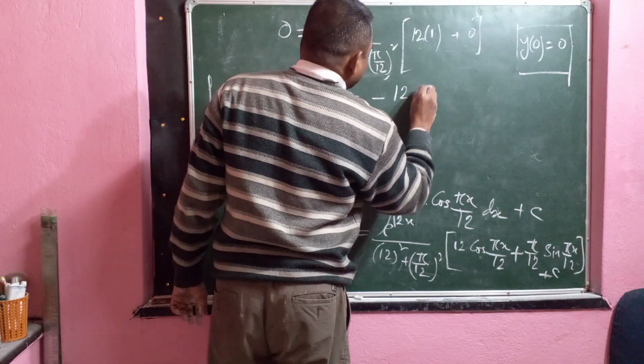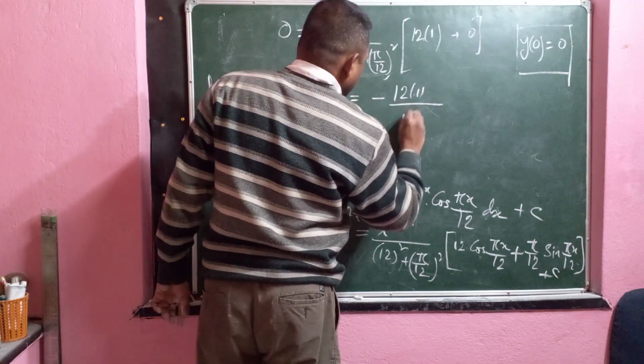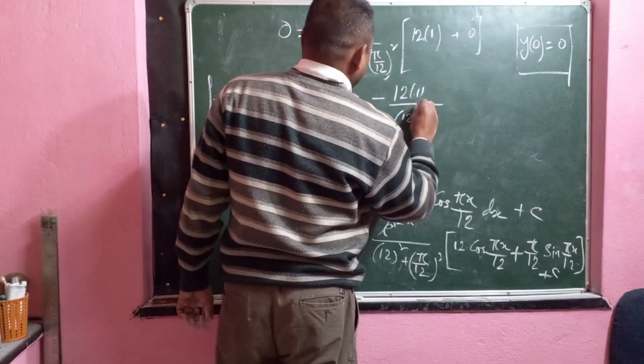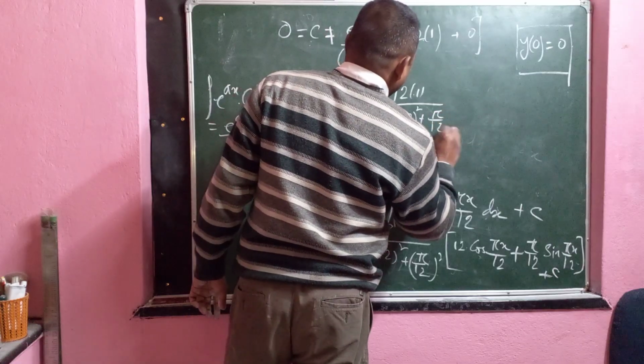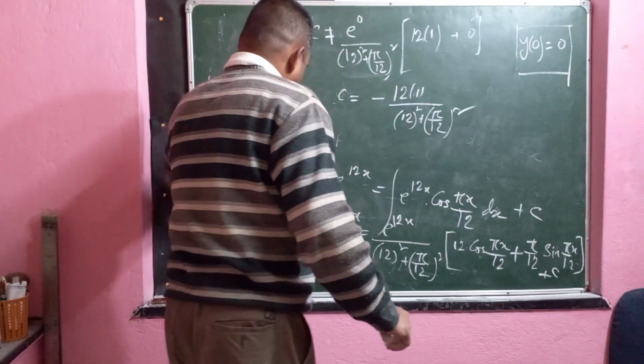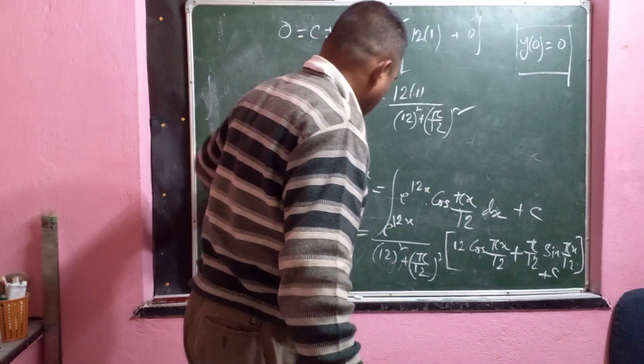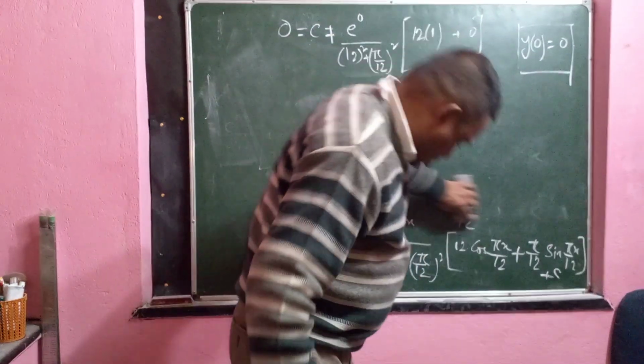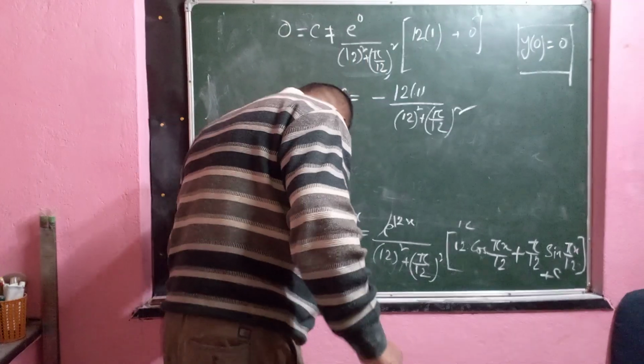So 12 e to the power 0 calculation over 12 square plus pi by 12 whole square. So the end result is this one, and then we have to check for increasing, decreasing, all those things.